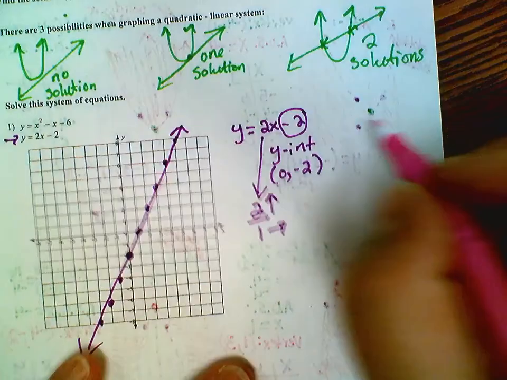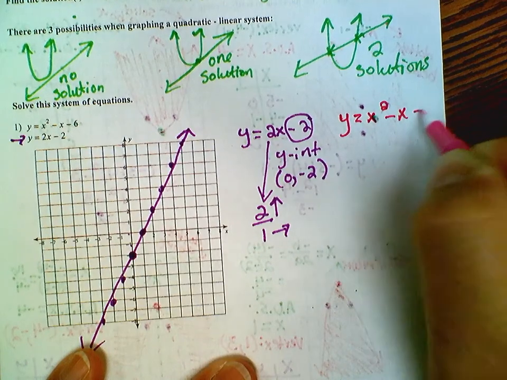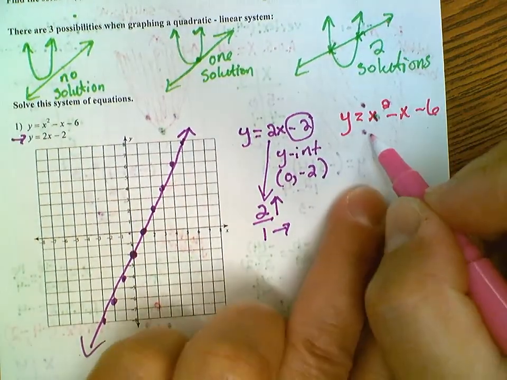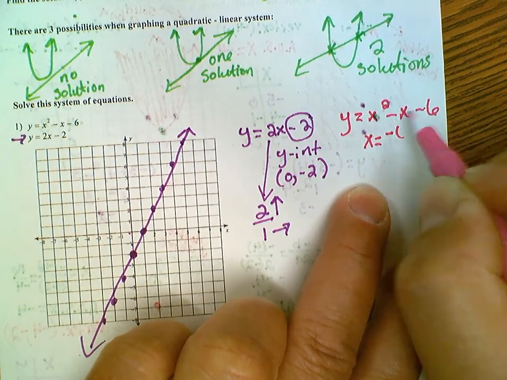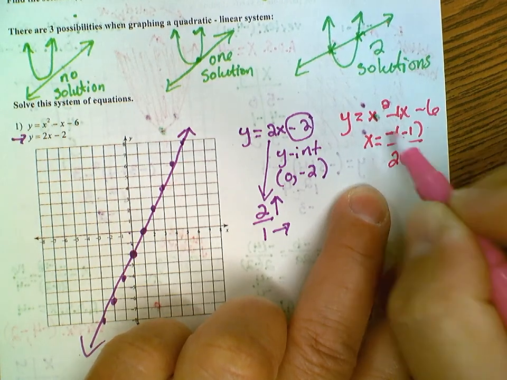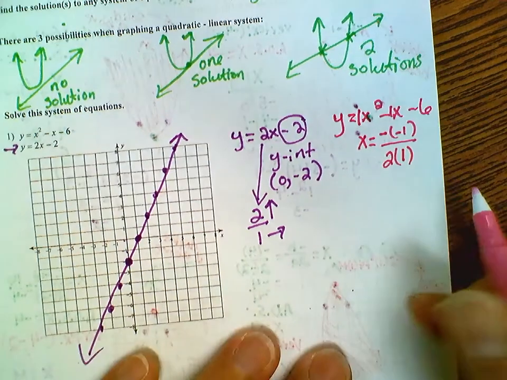Now for my quadratic, this is standard form, so I'm going to have to use my axis of symmetry formula, negative b, and my b is -1, divided by 2a, where a is 1.